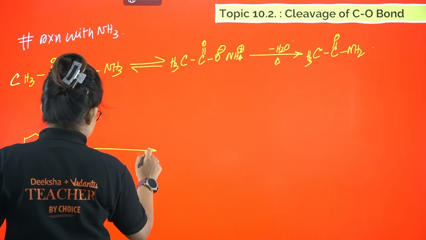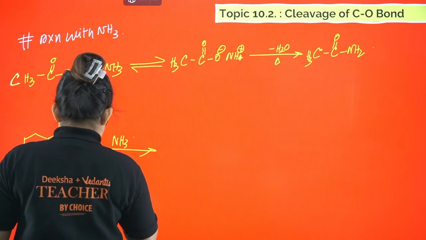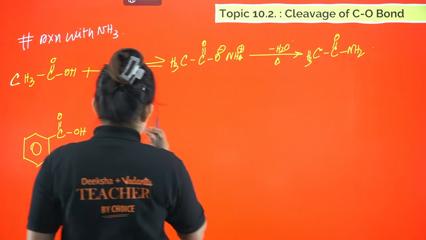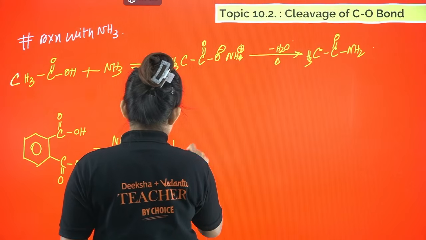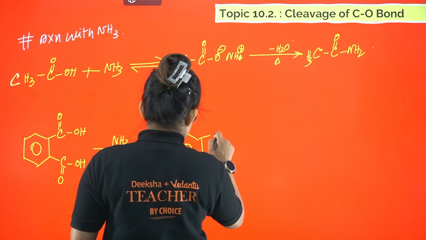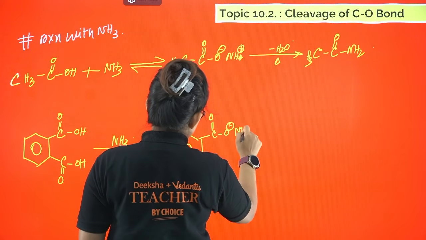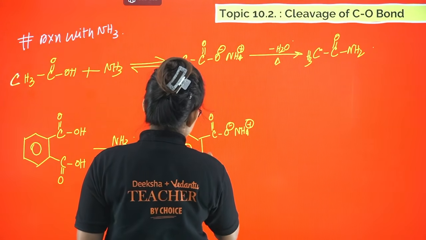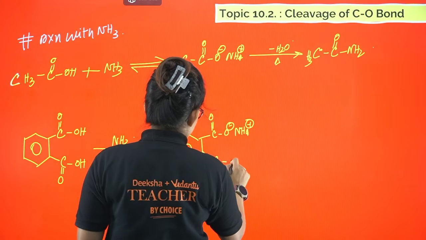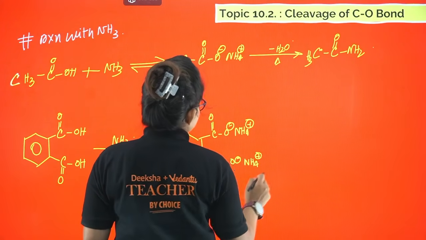If I am treating this with NH3, here also you will end up with COO minus NH4 plus, here also COO minus NH4 plus.